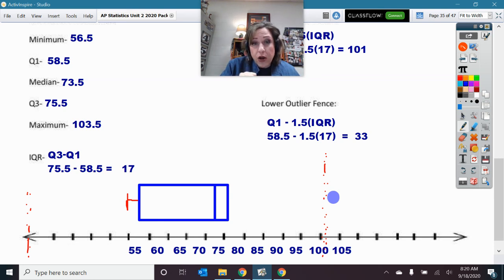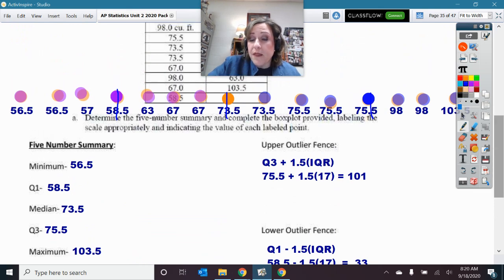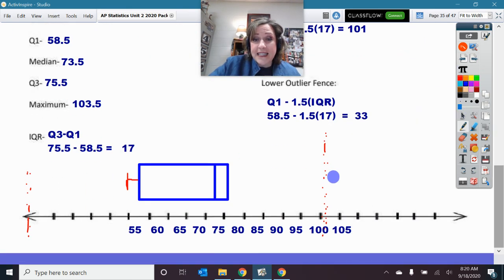Do not draw your whisker to the fence or to that outlier. No, the whisker goes to the next piece of data inside the fence. So in this case, that's 98. So I'm going to put the top of my whisker at 98, and there that is. That is our box plot.